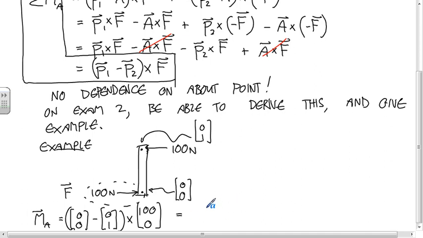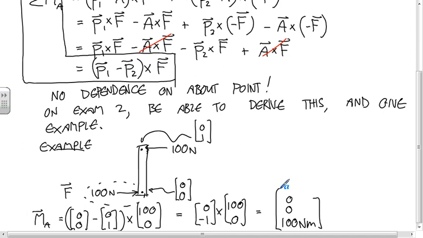And so that is 0, negative 1 crossed with 100, 0. Which is, if you do it right, this is 3D, this would be 0, 0, positive 100 newton meters.